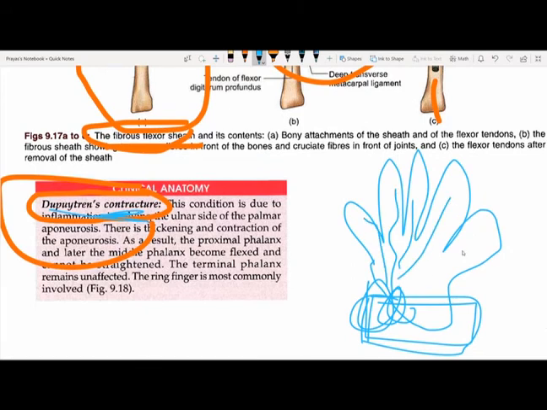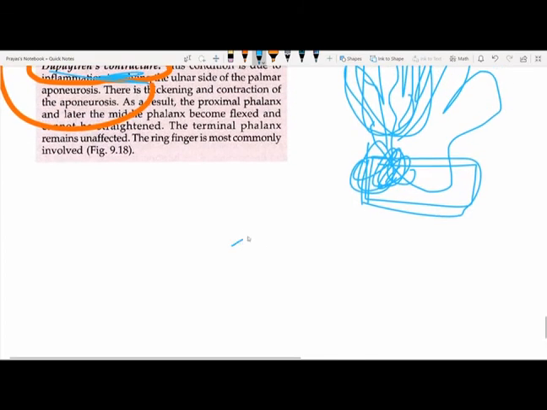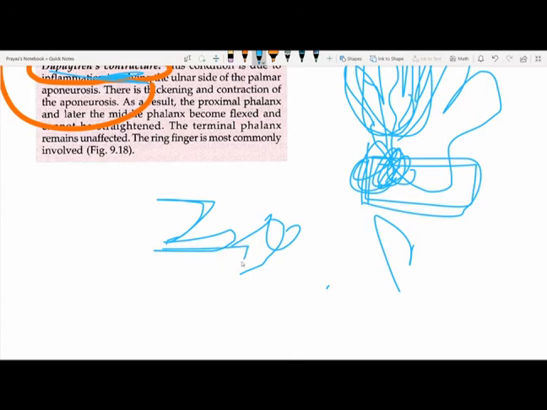Due to this inflammation, nerves supplying some of your fingers get damaged, particularly, the most commonly affected finger is your ring finger. Your ring finger is flexed. All your fingers are normal, but your ring finger is bent like this.